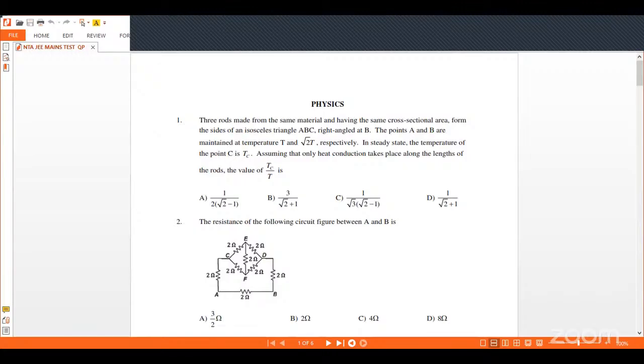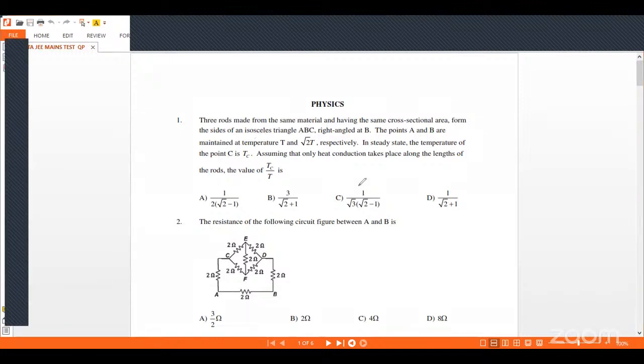Okay, fine. See the first question. We are having three rods from the same material, having the same cross-sectional area, forming the sides of an isosceles triangle ABC, right angle at B. The points A and B are maintained at temperature T and root 2T, respectively.